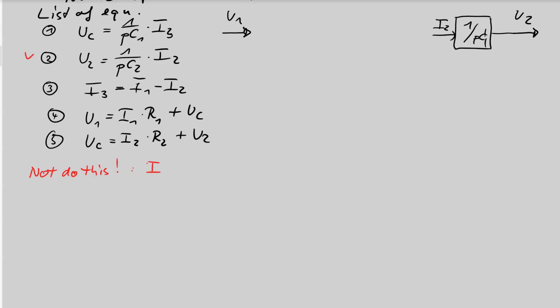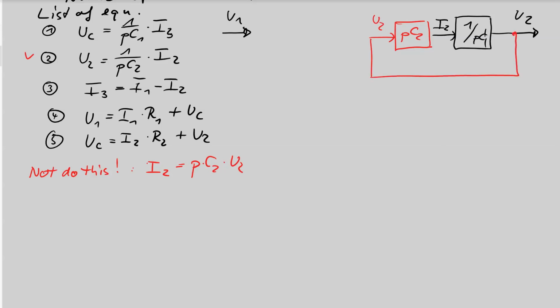I now solve equation 2 with respect to I2. This is p times C2 times U2. The drawing of this is very simple. The drawing of this is a block with pC2 as a function. Then you have an input U2, and U2 is available as an output.